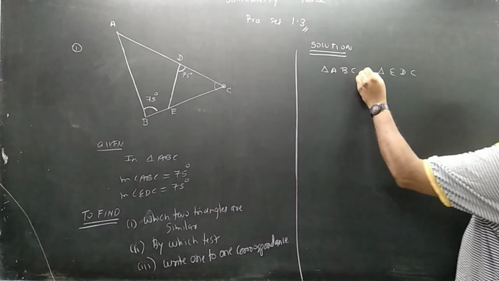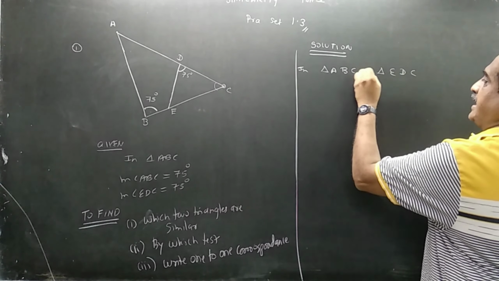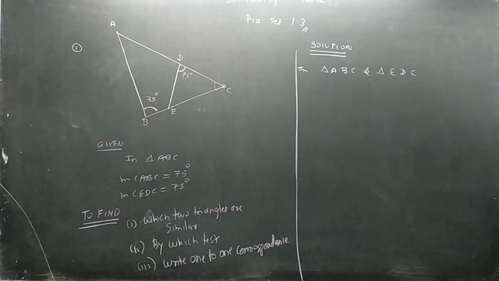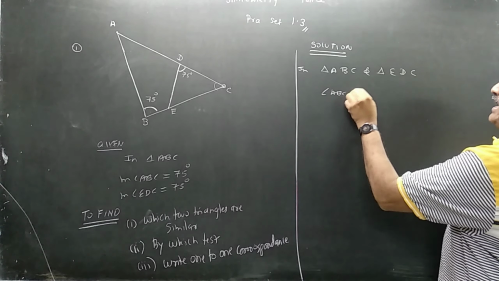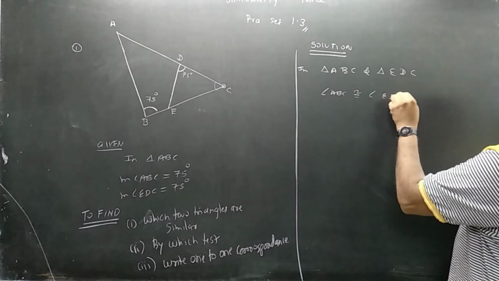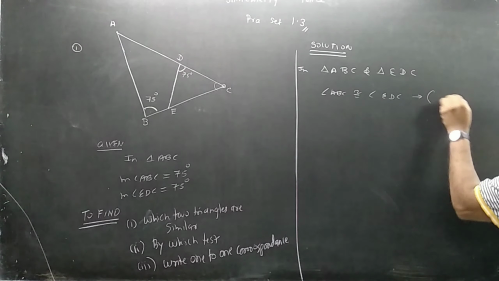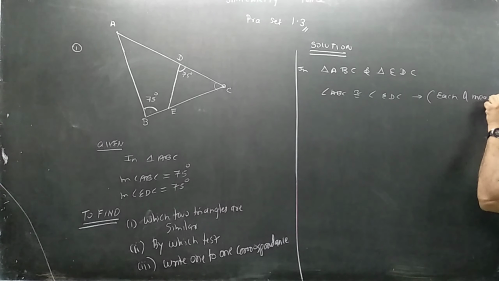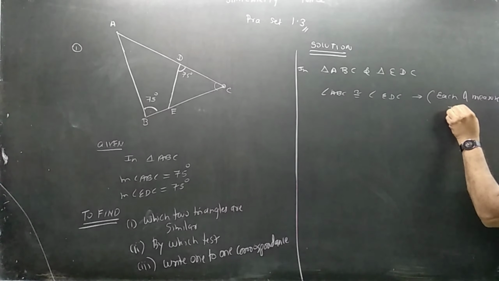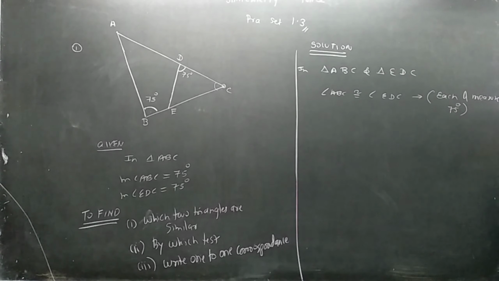So what I am going to write in triangle ABC and triangle EDC? Angle ABC is congruent to angle EDC. The reason you are going to write: each of measure 75 degrees.